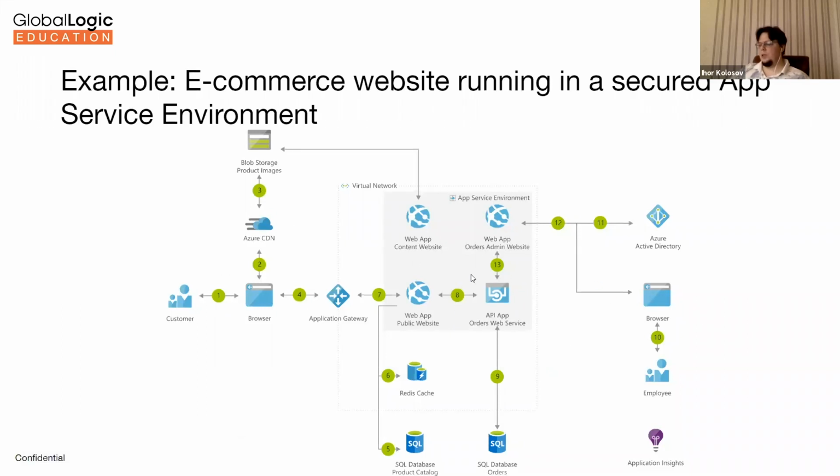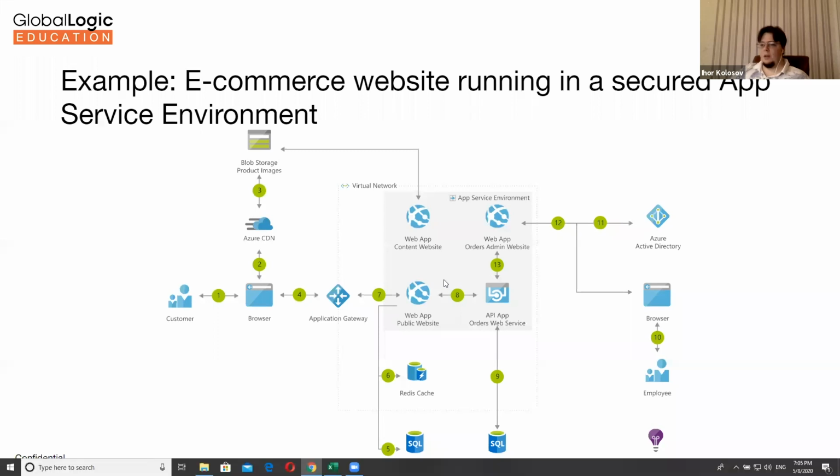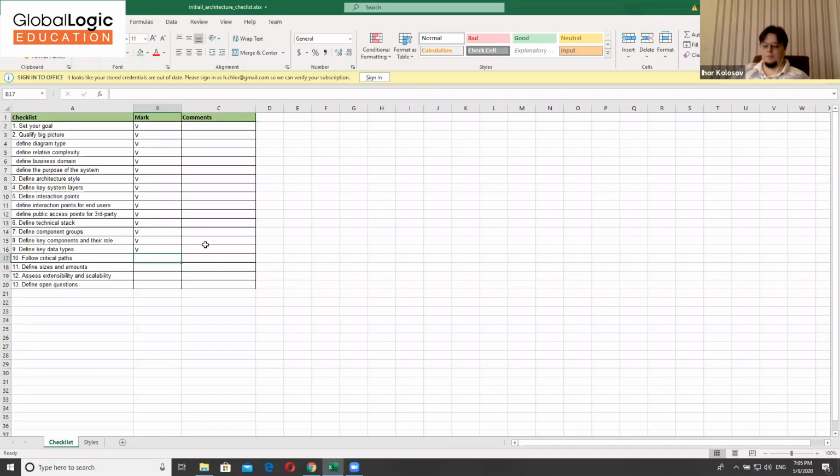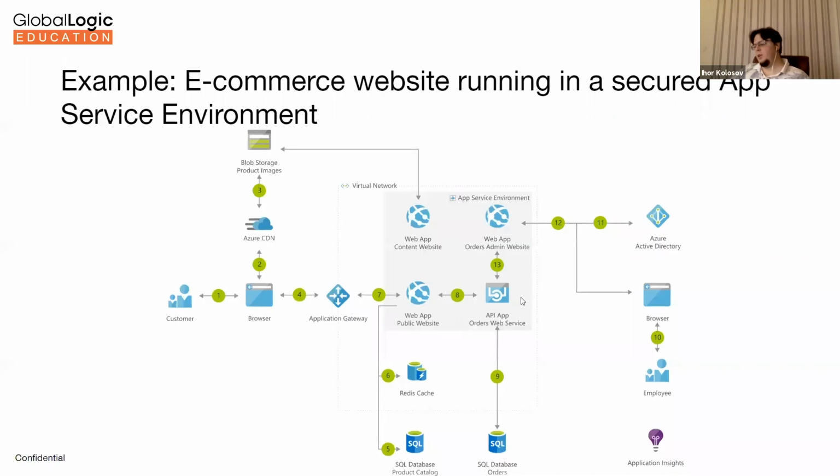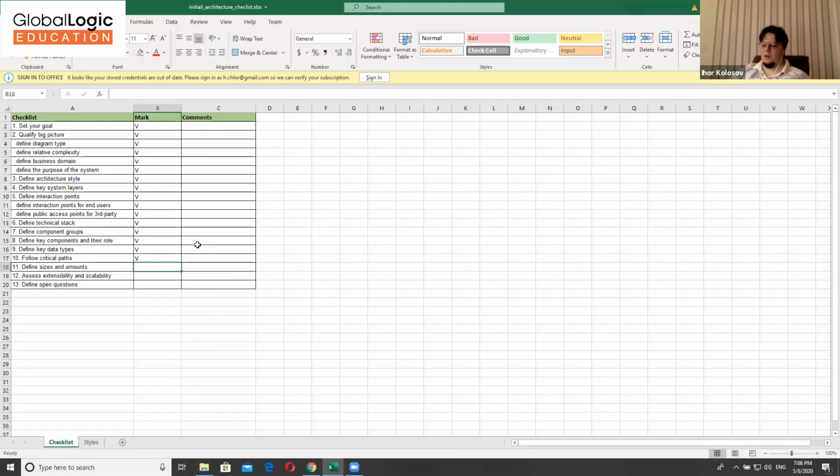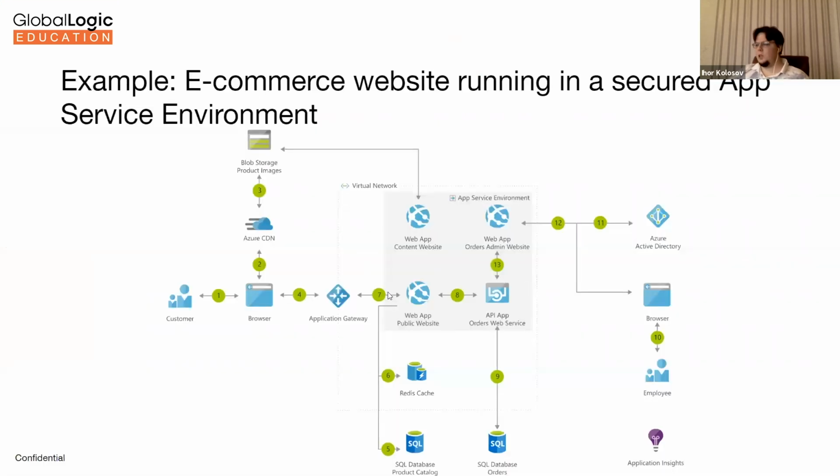I'll show this on the next slide. Okay, yeah, we followed critical path. Do we have any information about volumes or data sizes here? Probably not. It's point for asking the question. Also, let's try to assume, will it scale or not?